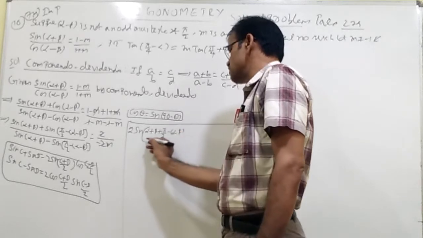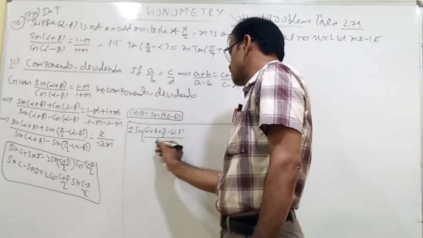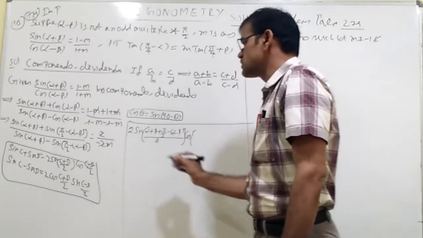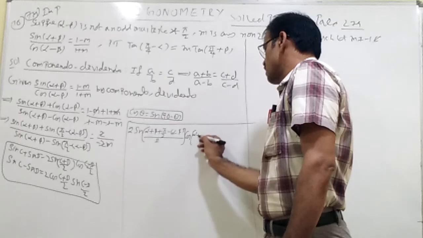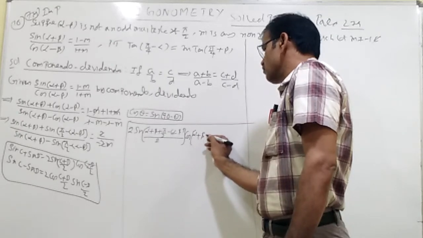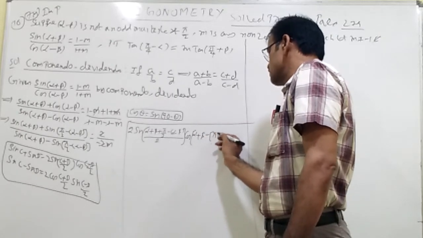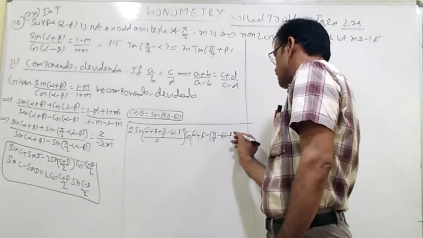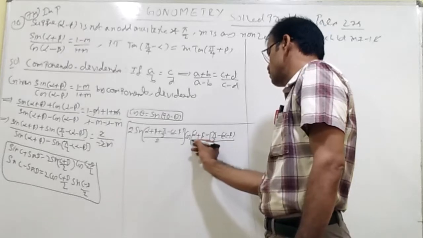This is c plus d by 2. Into cos of c minus d by 2: alpha plus beta minus of pi by 2 minus of alpha minus beta, whole by 2.